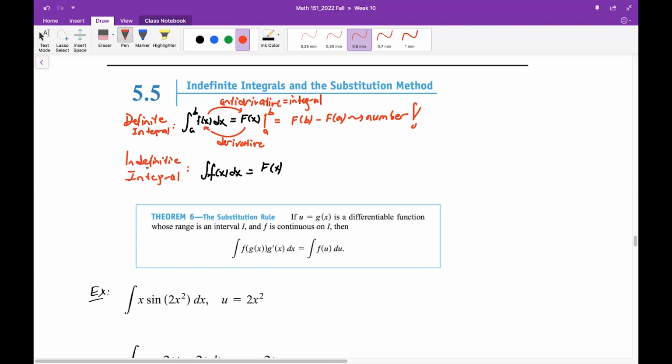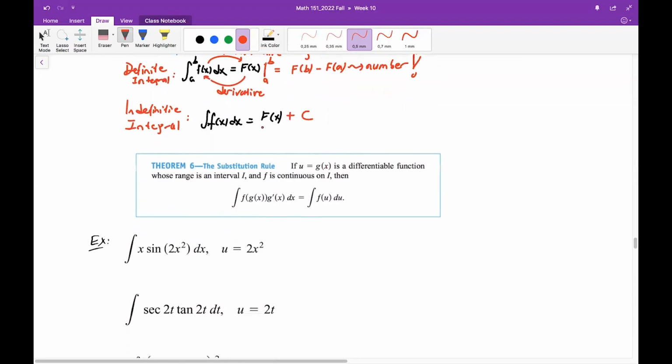But for the indefinite integral, there is no upper-lower bound, so you just put the antiderivative function, but here you need to put an arbitrary constant, because if you differentiate this whole thing, the constant will be gone. So that's why the derivative of this whole expression is still small letter f function. So the result of the indefinite integral is the antiderivative of the function plus an arbitrary constant c.